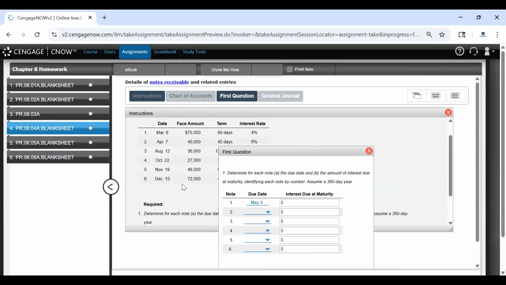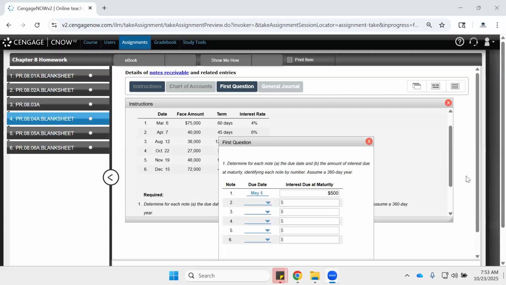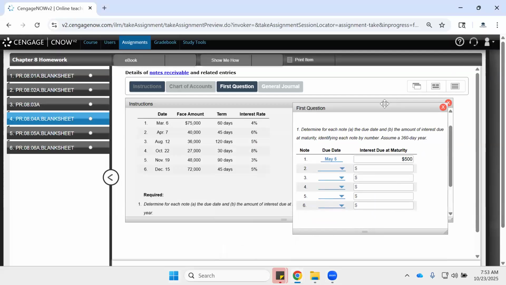And then we multiply that by the interest rate of 0.04. And then we multiply that by $75,000. And we get our interest due at maturity is $500. Here, I'm just going to share a bigger version of my screen so I can show you these calculations on my calculator here.